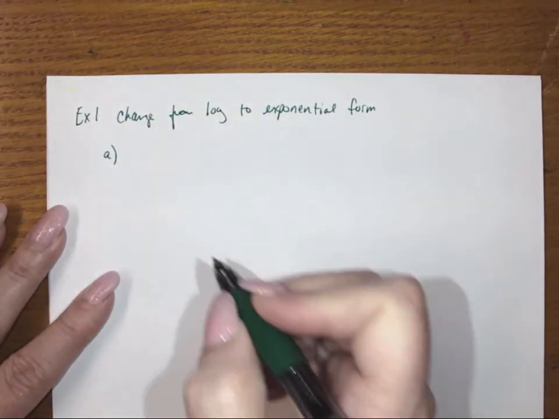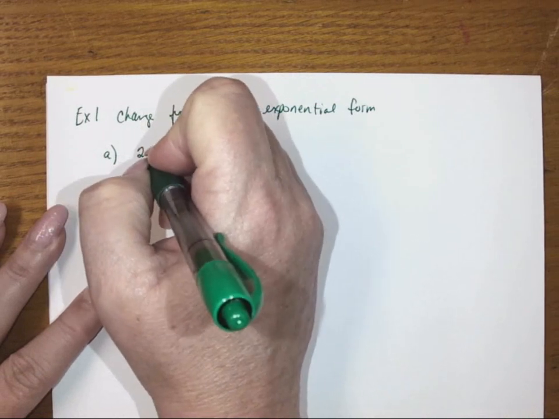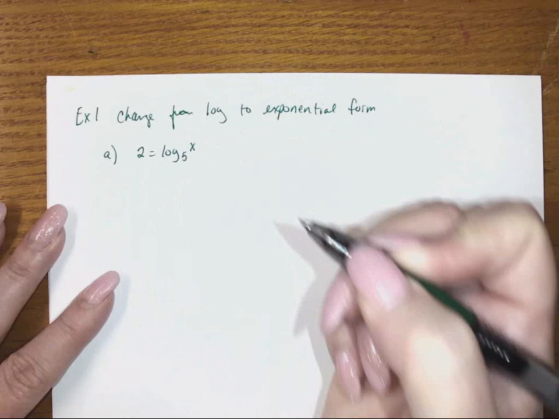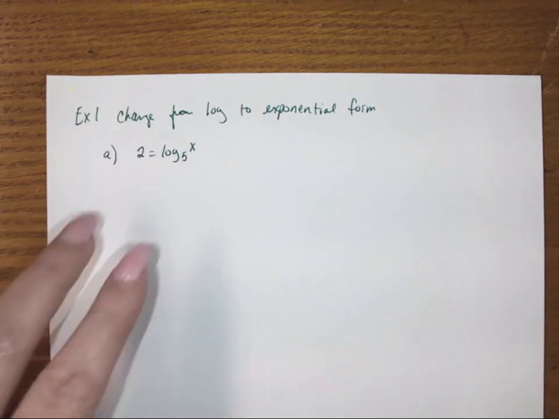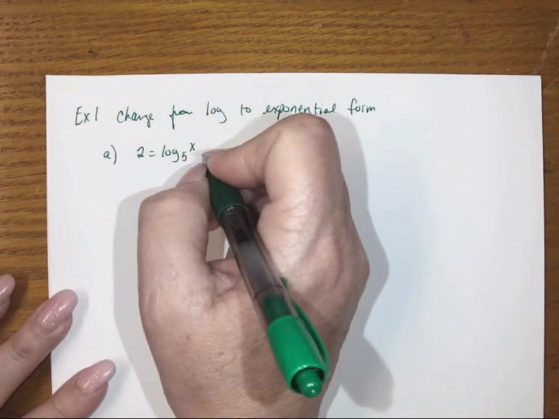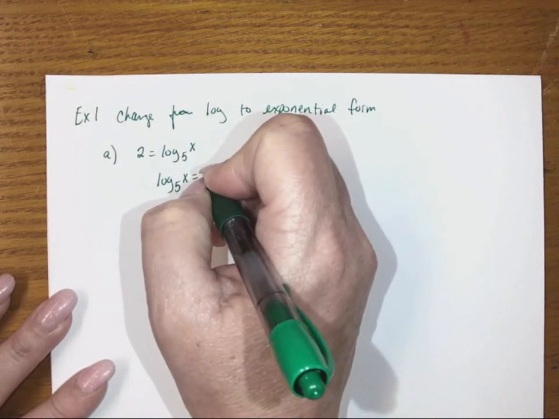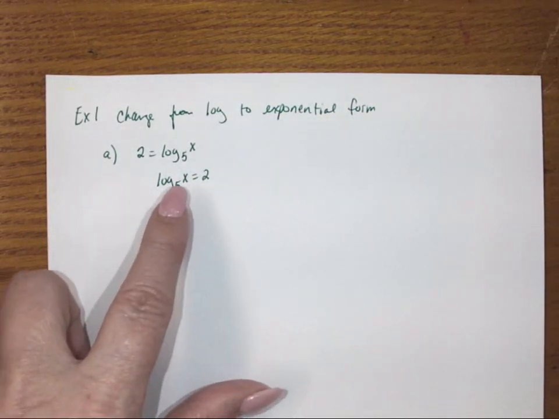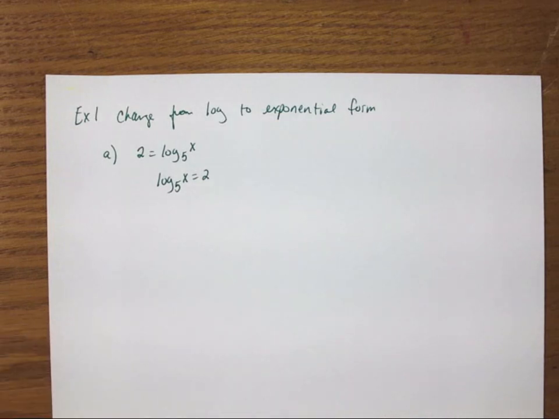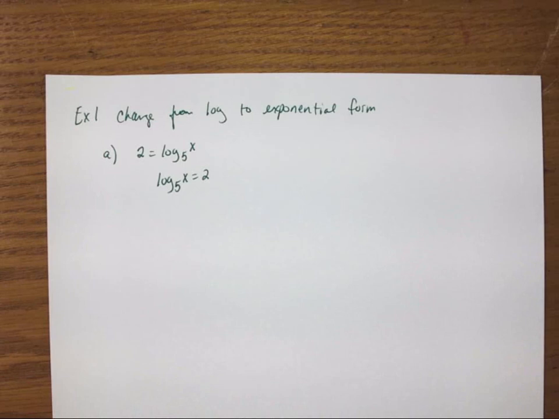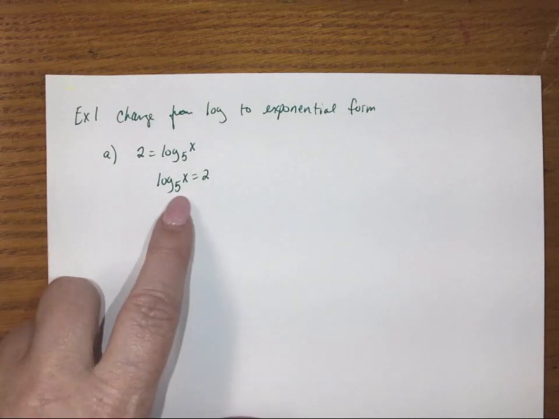The first example: if we have 2 equals log base 5 of x, I'm going to reverse the order just a little bit and put the equal sign on the other side. So log base 5 of x equals 2. It's a little bit easier to see what to do with it. Now remember, they don't just switch places. Mathematically, there's a whole big explanation.